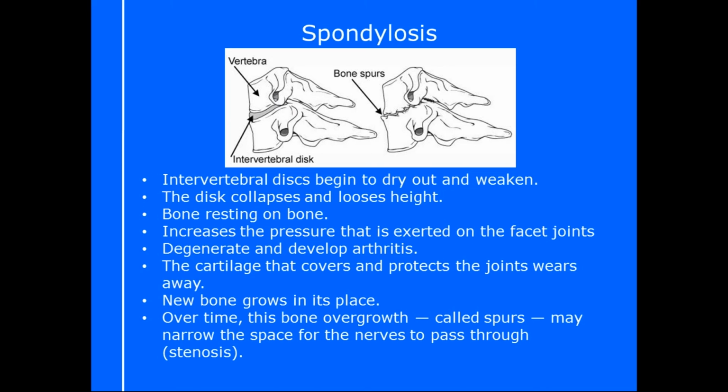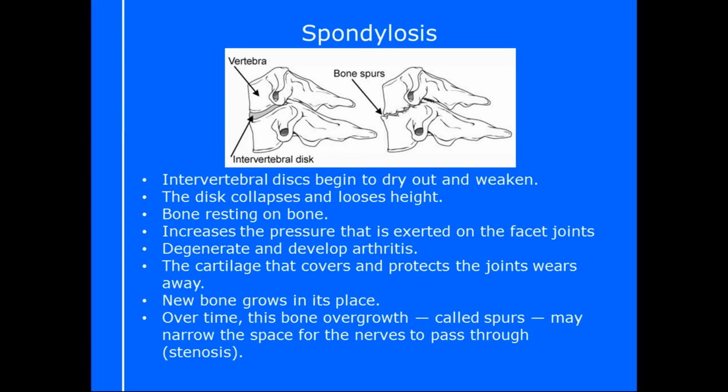Okay, so over time, especially as we get older and with potential illnesses as well, our intervertebral discs will begin to dry out and they'll start to weaken. So they dehydrate and they weaken, and that means that the disc starts to collapse, it starts to lose height. And as a result, the bone starts resting on bone. And then depending on the posture that person's taking, it will start to increase the pressure that's going through the little facet joints.